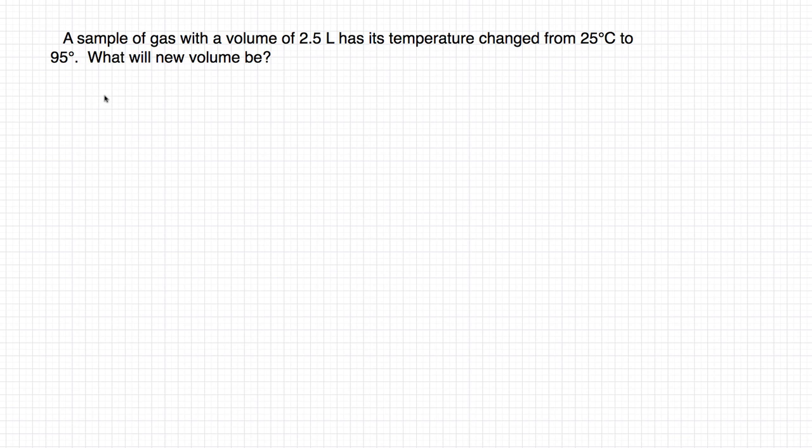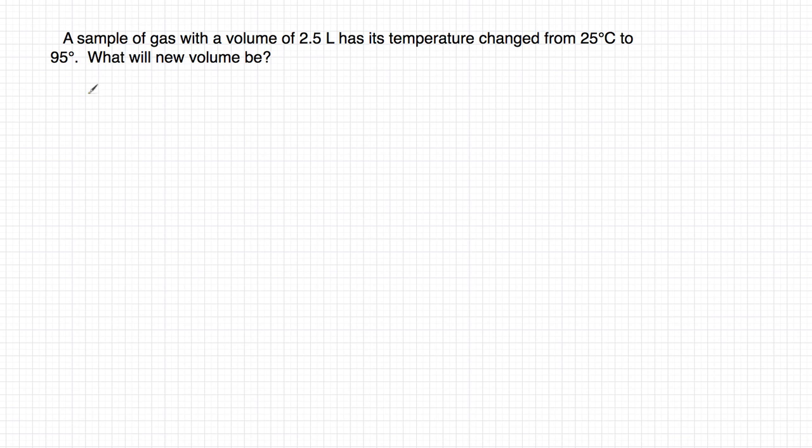So let's go ahead, and the first thing we want to do is write down the equation that we're going to apply. And you'll notice that we have changing conditions here. We're starting with a low temperature, we're going to a high temperature, so this is clearly a case for the combined gas law equation.